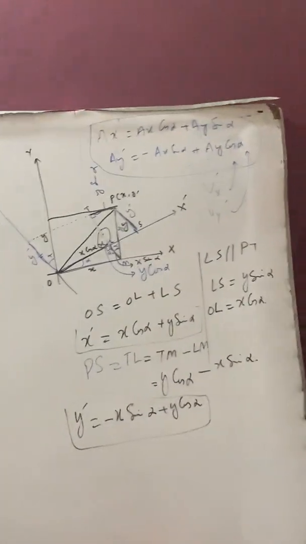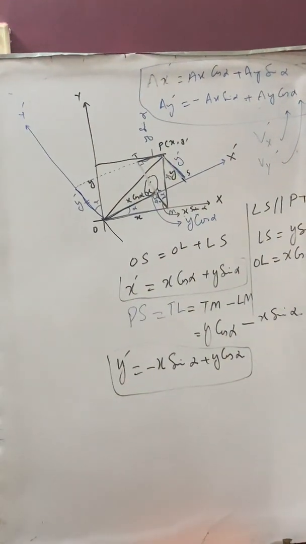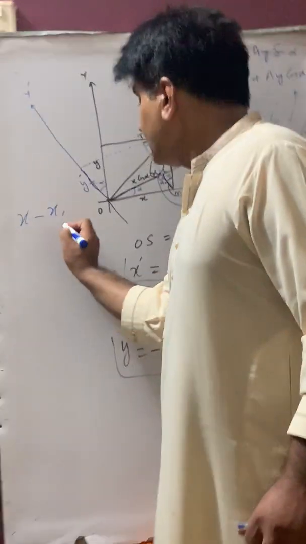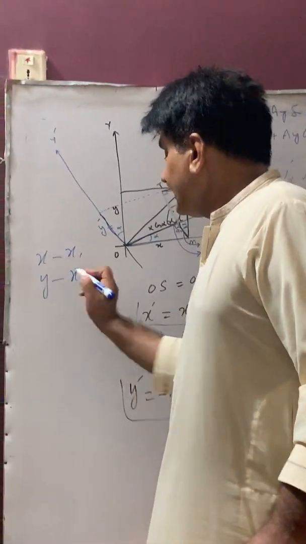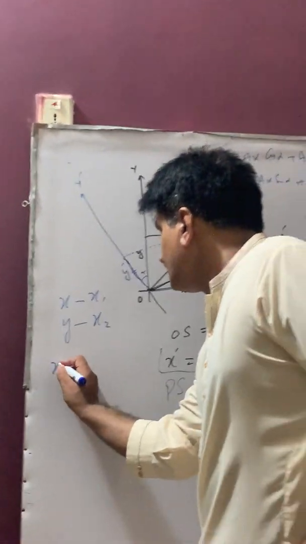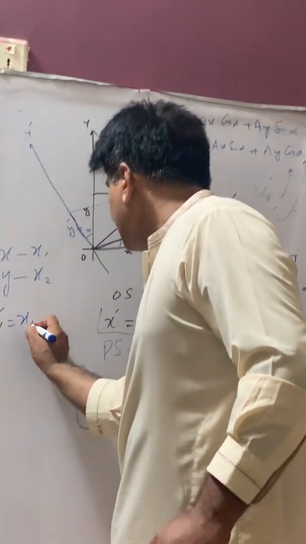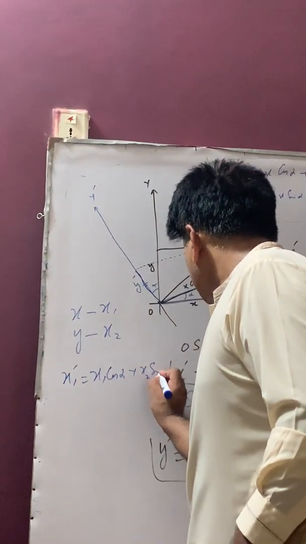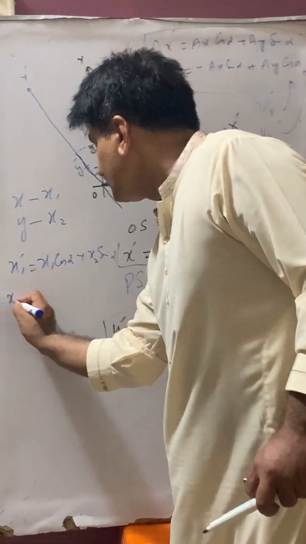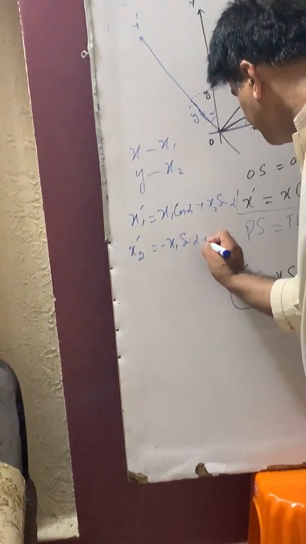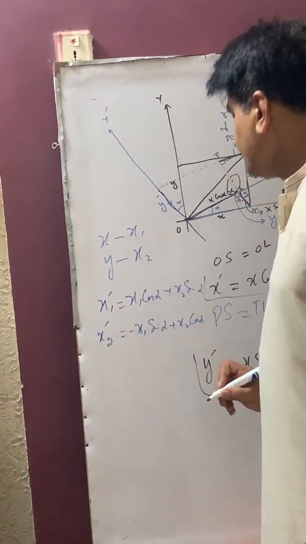Now for more than 2 dimensions, 3 or 4 dimensions, we change x as x1, y as x2. Now these two equations will take the form x1 prime is equal to x1 cosine of alpha plus x2 sine of alpha. Similarly, x2 prime will be equal to minus x1 sine of alpha plus x2 cosine of alpha.